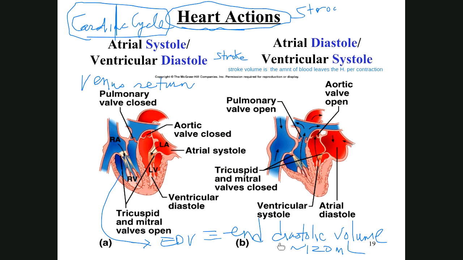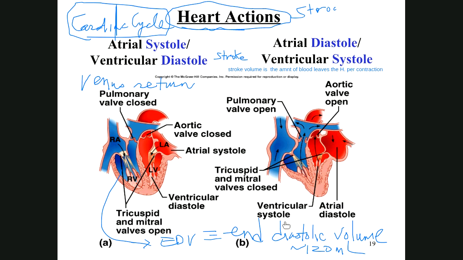Now, if you are an athlete, you might go up to 80%, that's like 96 ml. And if you're really, really good, your stroke volume will be higher, like 90%, like 100 ml.